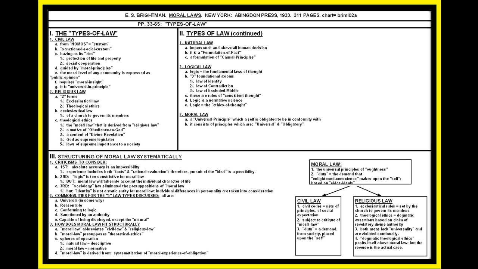Next, Brightman takes a look at religious law. He says there are two forms of religious law: ecclesiastical law and theological ethics. Ecclesiastical law is of a given church to govern its members. Theological ethics is the statement that a dogmatic moral law is derived from a religious law.